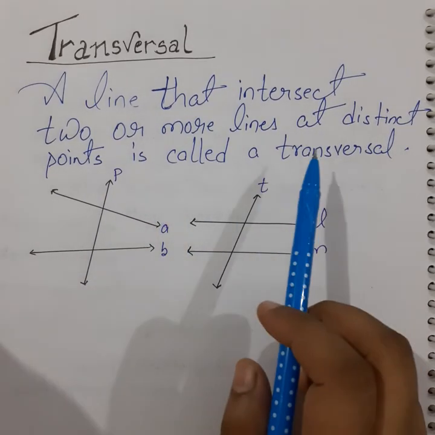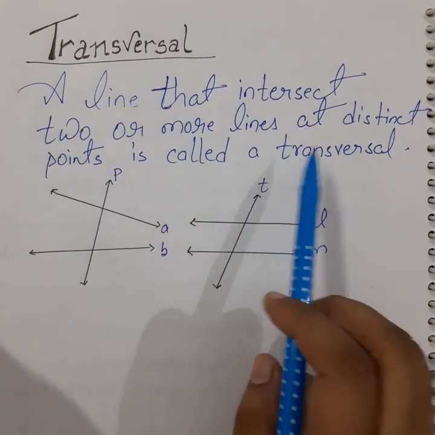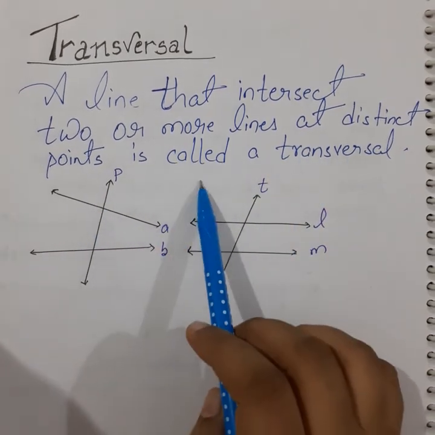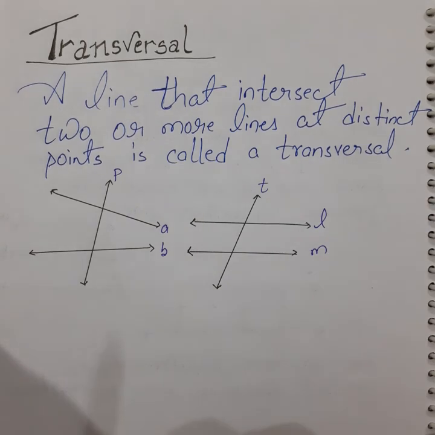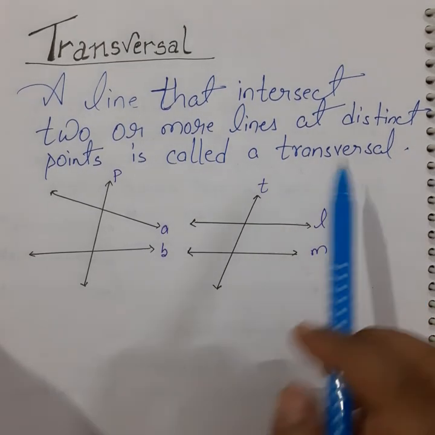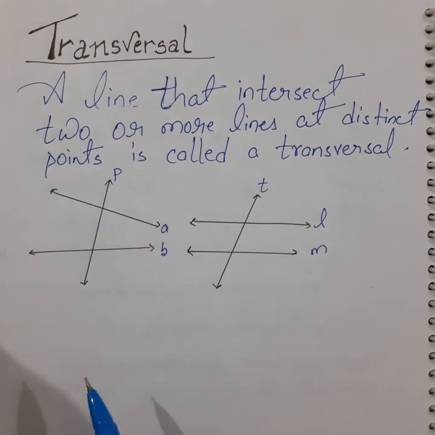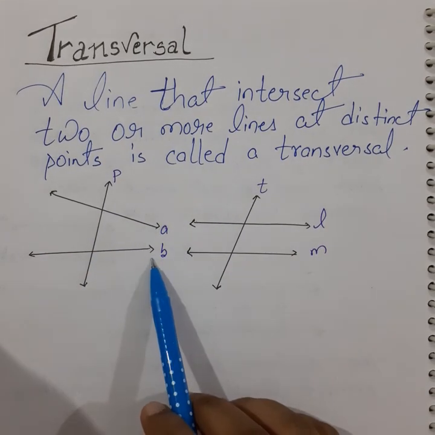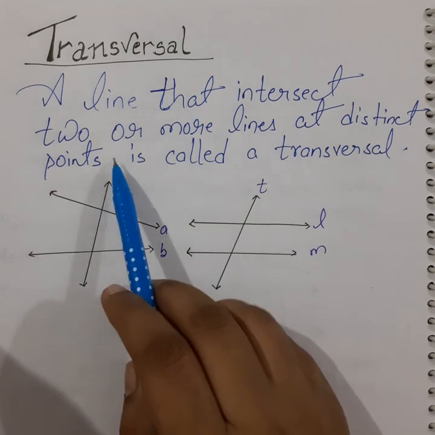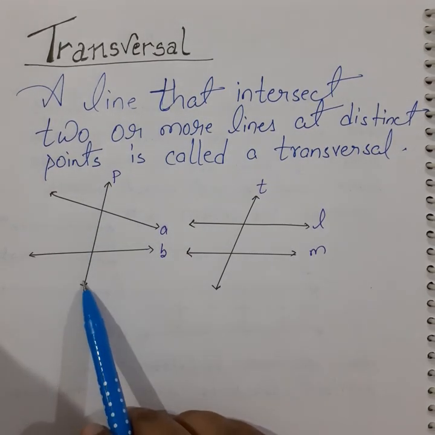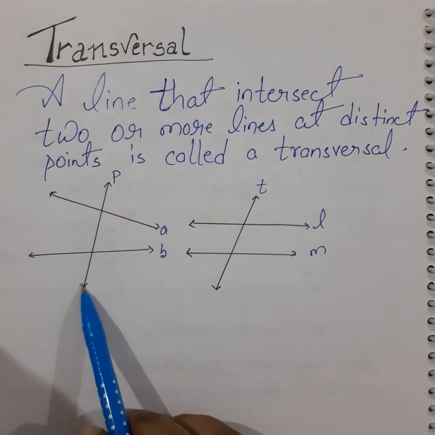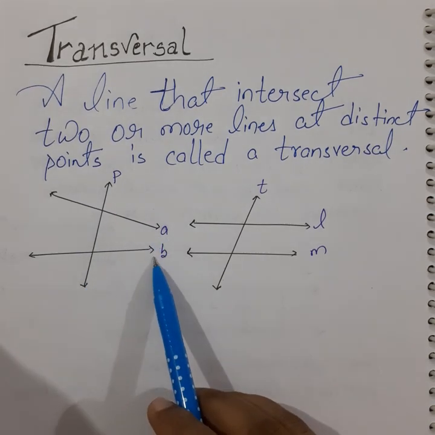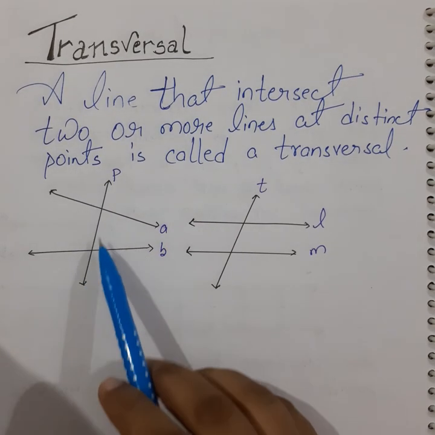A line that intersects two or more lines at distinct points is called a transversal. Here we have two lines A and B, and the line P. The line P intersects line A and line B at two different points.